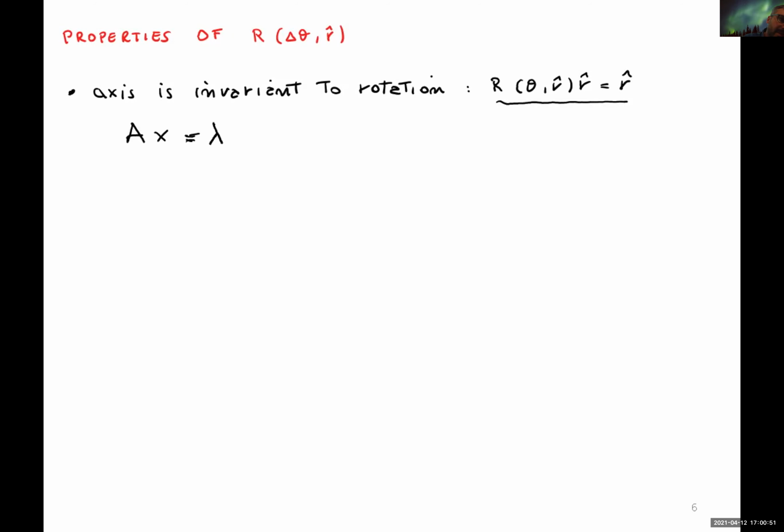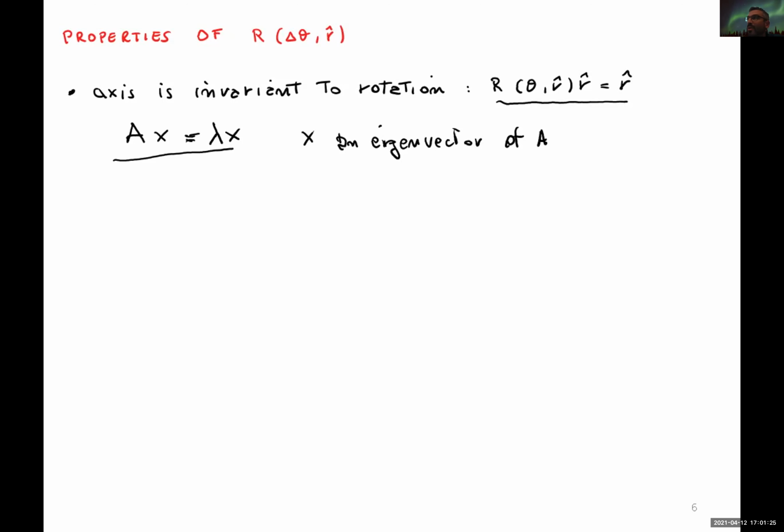I can put this, maybe it tells you something. Yeah, exactly. So X, if it satisfies this relationship, is an eigenvector of A. And A is not necessarily an identity matrix.